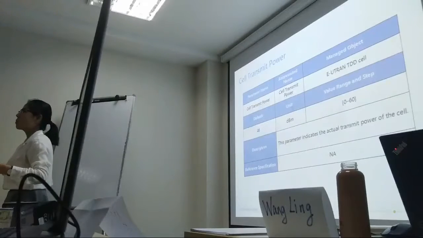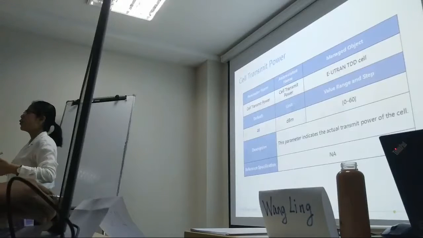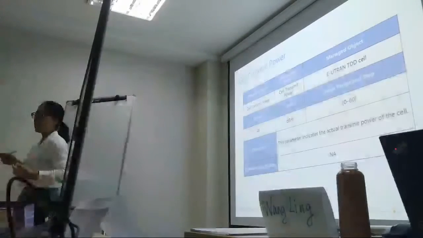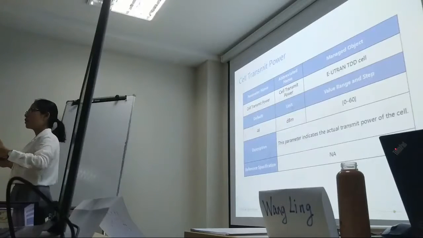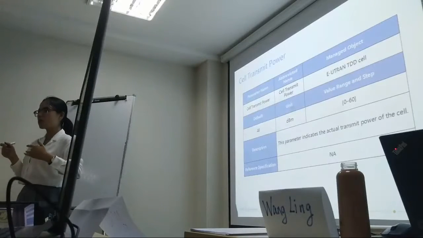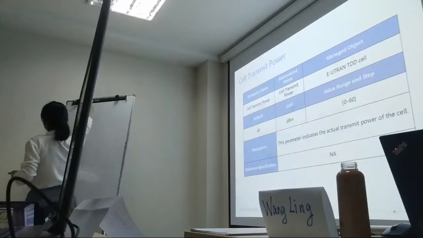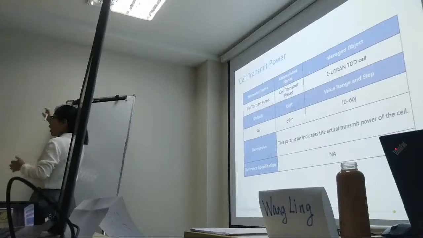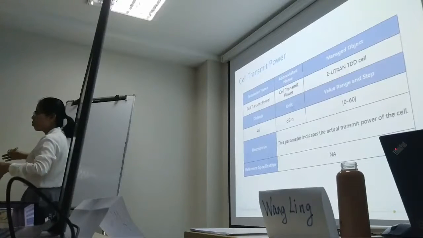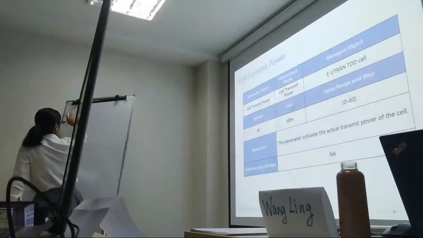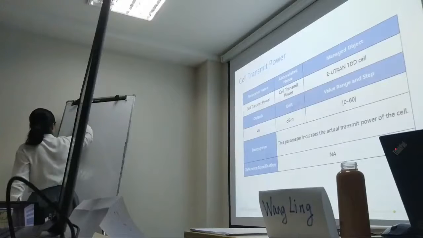The maximum power is related to which one? The RU, right? It relates to the RU. Different RUs have different power and different channels, which will affect the cell's maximum used power. So for the downlink, how much power can we allocate? You should know the maximum value.